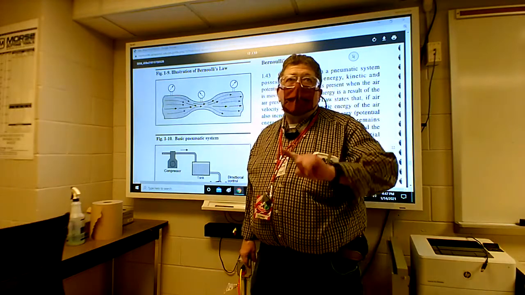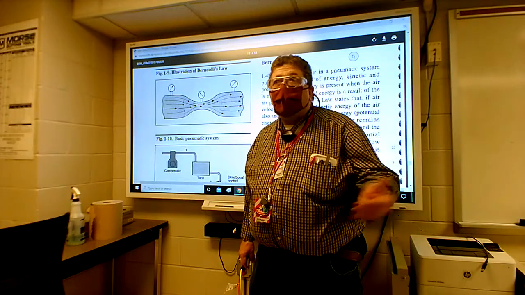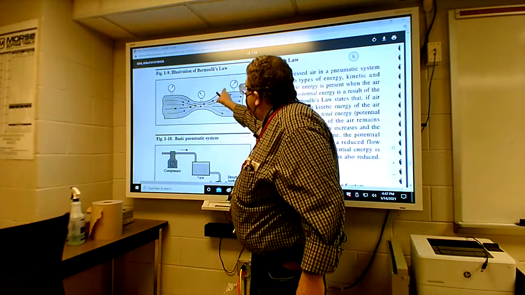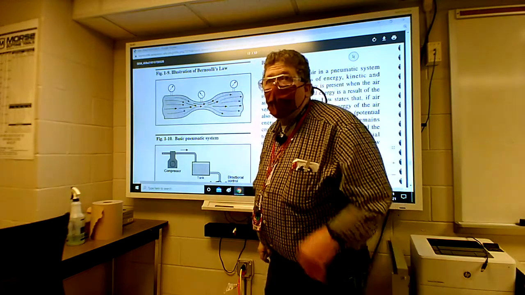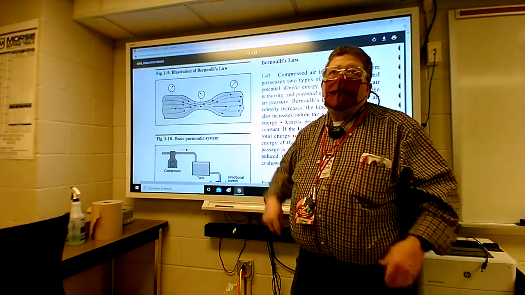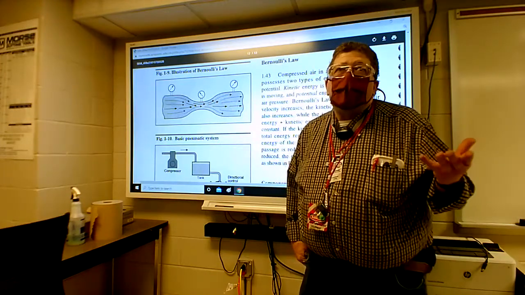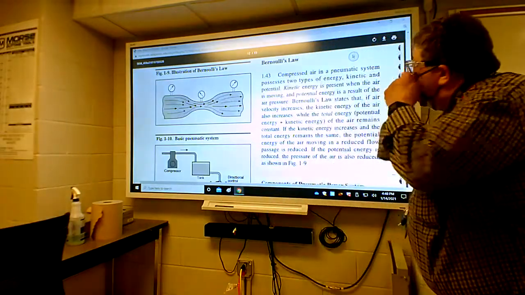But PSI by gauge, by measurement, doesn't go up, it goes down, but the speed goes up. And just as soon as you go back into the bigger area, the pressure goes up and the velocity goes back down, because it's got to go through a bigger area in the vessel. That's your trade-off there between pressure and speed.